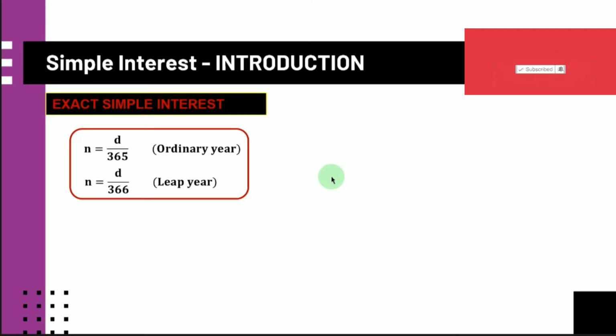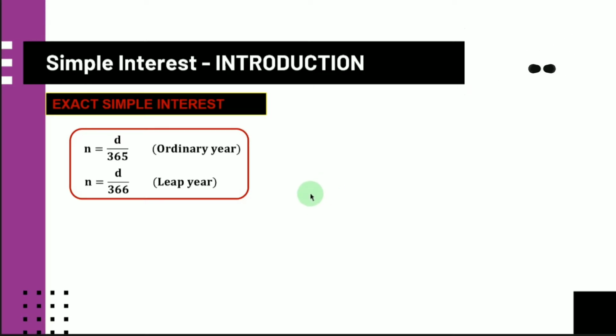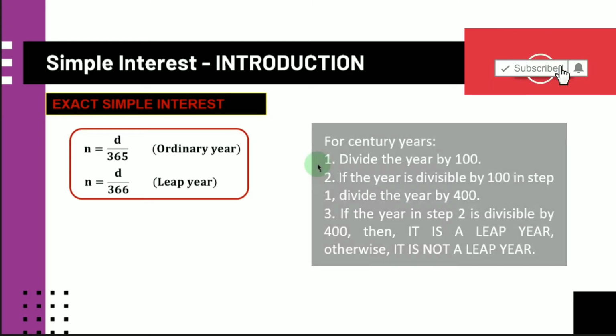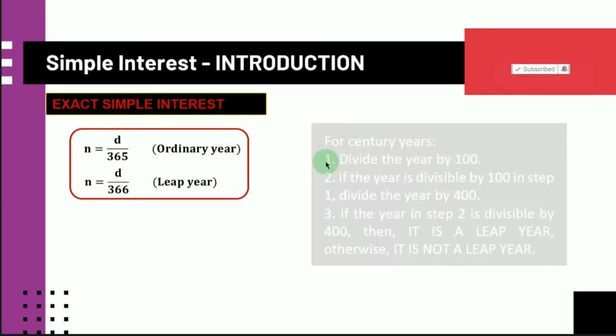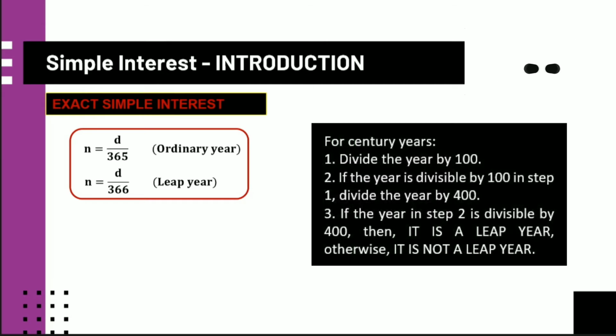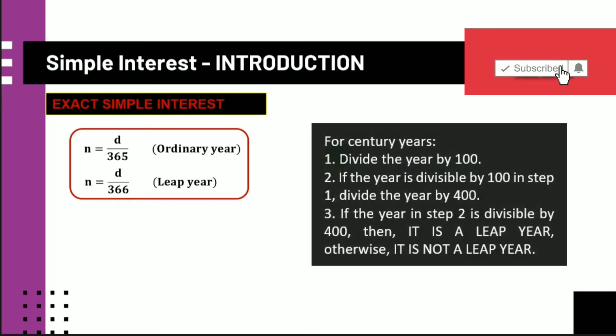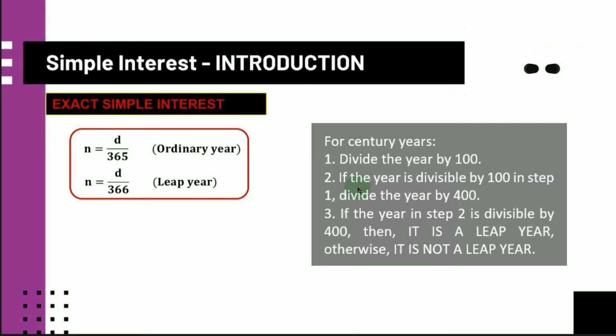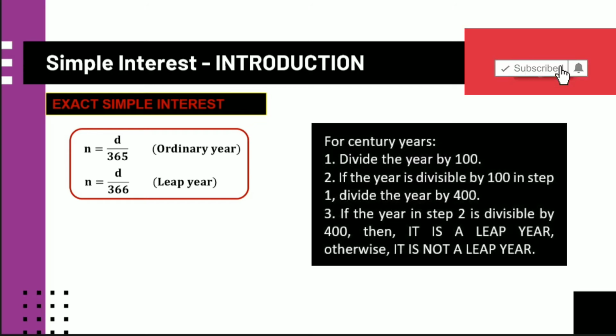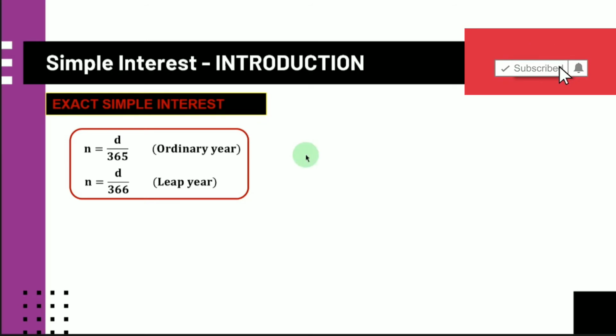So in our previous lecture video, we need to determine if the given year is an ordinary year or a leap year. As you can see on the screen, when we consider a century year, for example 1900, as long as the last two digits are 00, we consider that a century year.